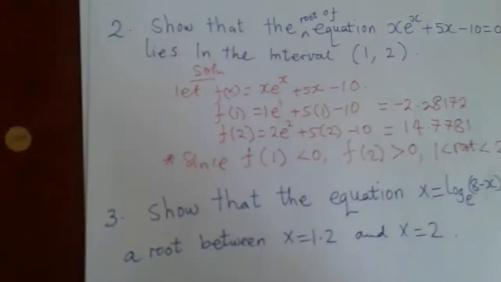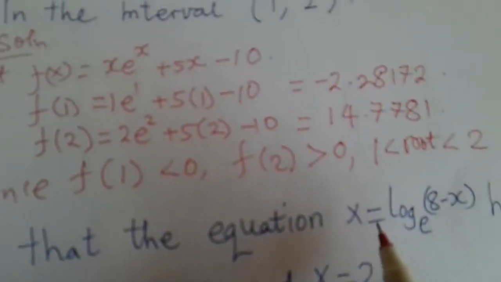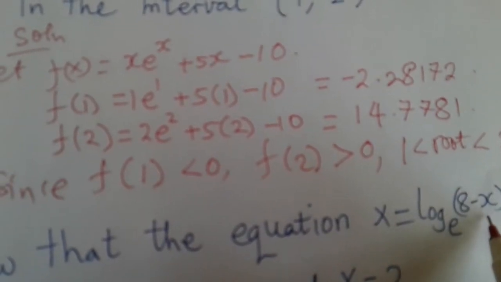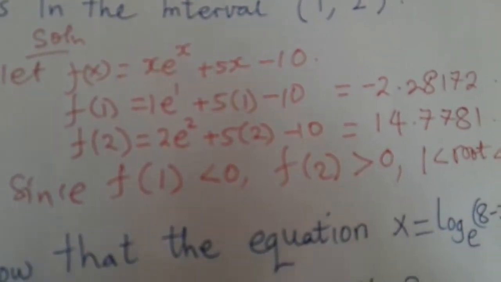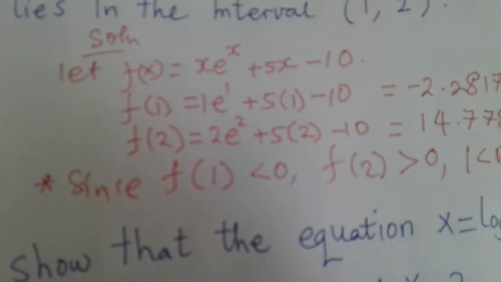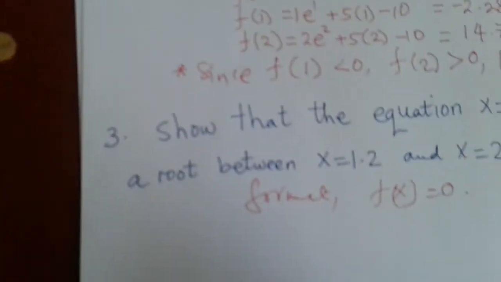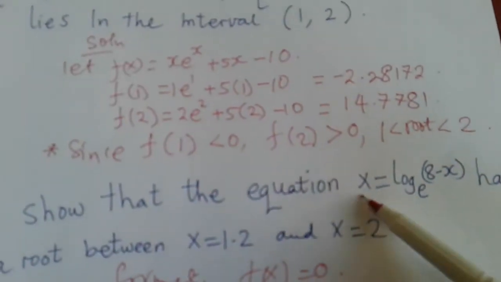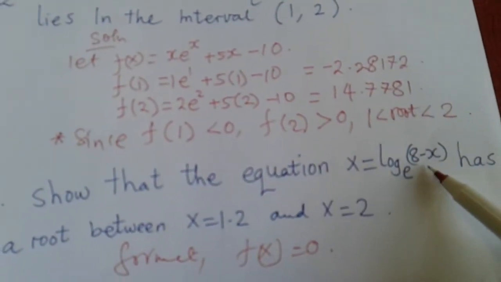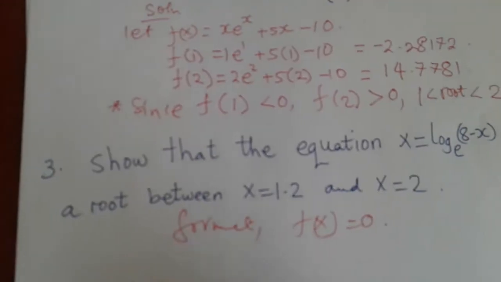Similarly, we have question 3. When it is of this format, x equals another function, you first form an equation of the format f(x) equal to 0. You can either take x to the right, or bring what is on the right to the left, whichever approach.